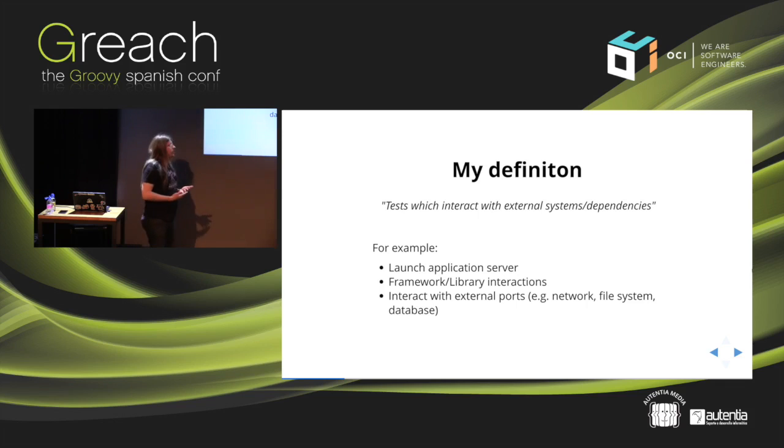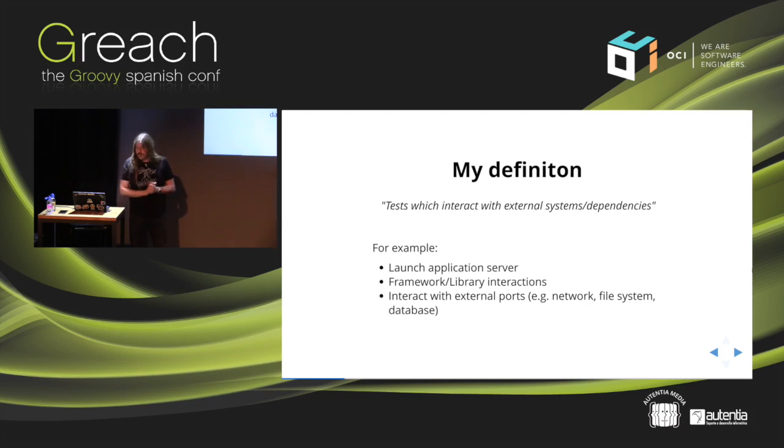Now, my definition of what I'd consider an integration test for the sake of this talk: all tests which interact with external systems or dependencies. So, for example, if you have a Spring Boot application or a Grails application, if you spin up your application server for the test, that's something I'd consider an integration test, even if I call my Java classes directly and not through the API.